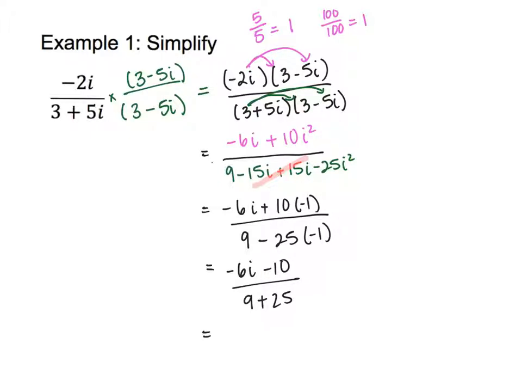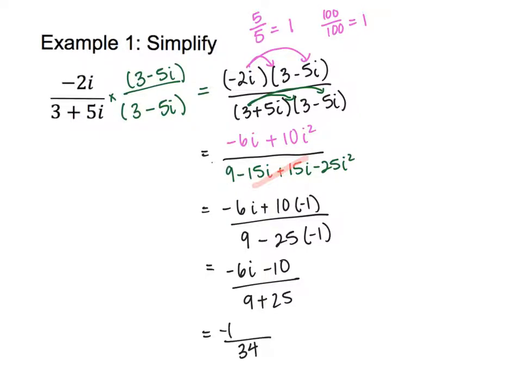And did you notice that when you multiply by conjugates, the imaginary number gets squared, right? So the i's get canceled. The i squared becomes a negative 1. And notice, does the bottom have any more i's? No. If we add the bottom, we get 34.